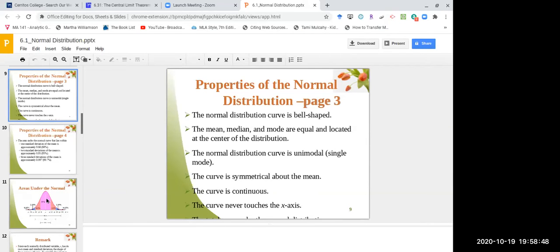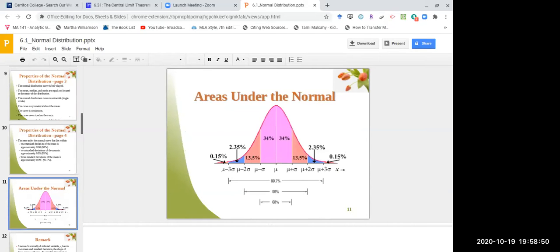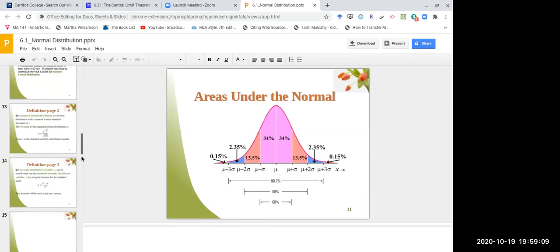And we also saw the percentages by the empirical rule for areas under the curve, and we learned how to use the calculator to find areas under the curve, which we're going to continue in section 6.2.